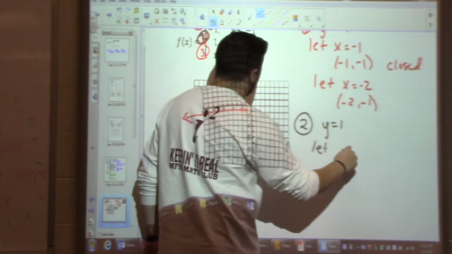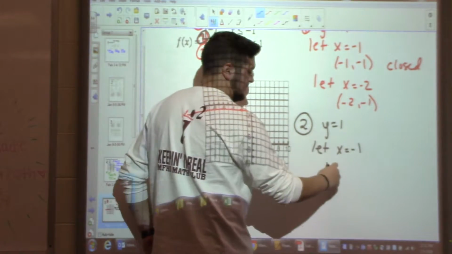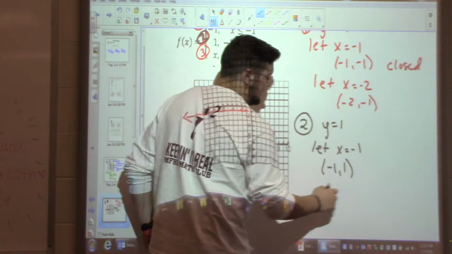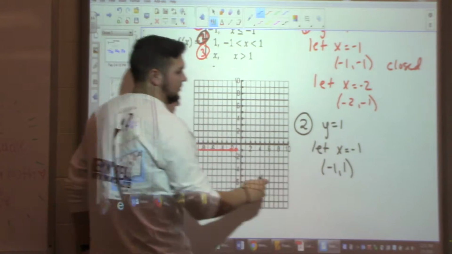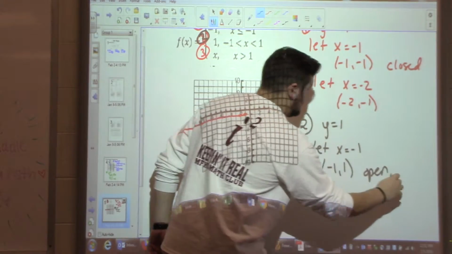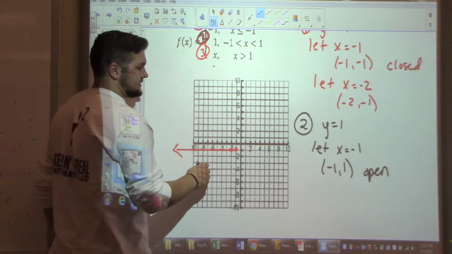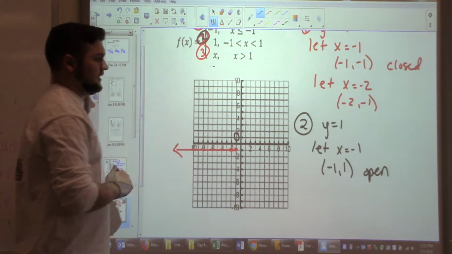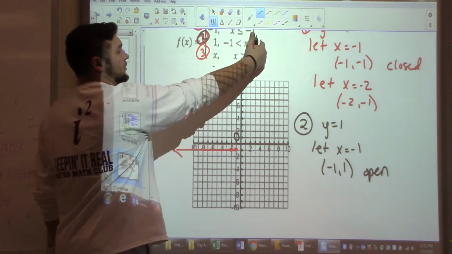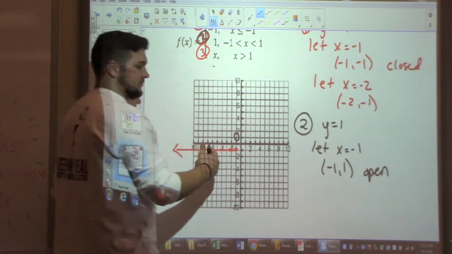So let x equal negative 1. I'm at negative 1, 1, with an open endpoint, right? Negative 1 less than x. So negative 1, 1 is an open endpoint. And then I'm going to find my second endpoint as well by letting x equal positive 1.